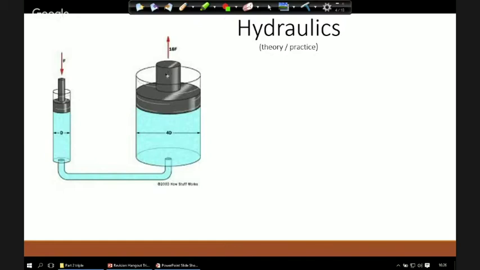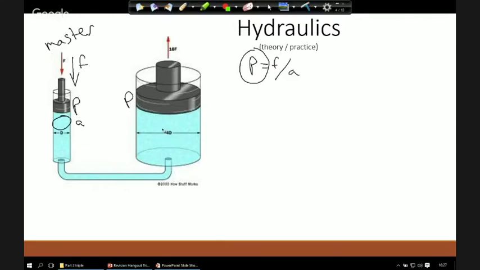So when we look at doing calculations with this, if I know what force I apply, and I know the area of my master piston here, I can calculate my pressure. Pressure equals force over area. And I said that the pressure is transmitted equally, so my pressure here will be the same as my pressure here.